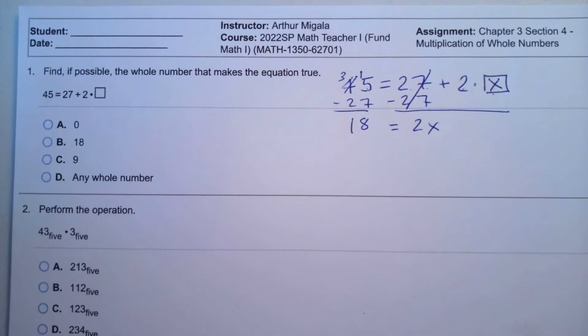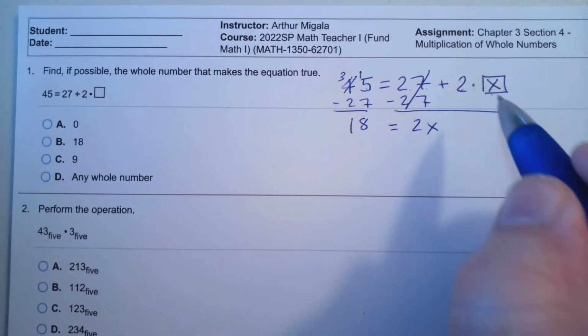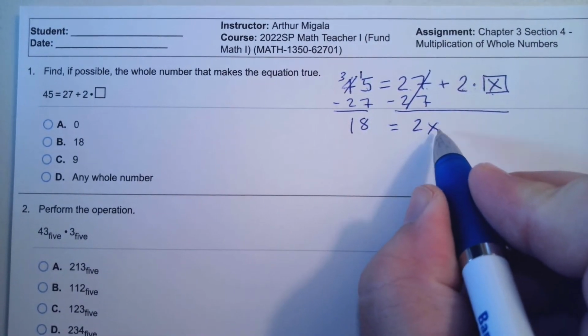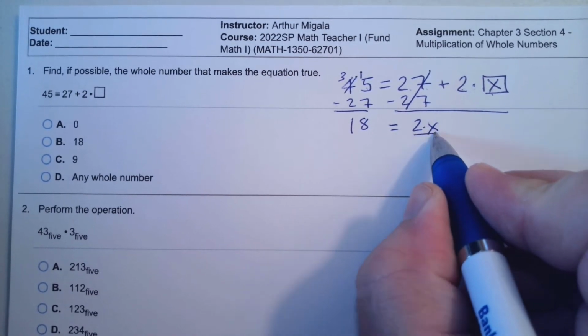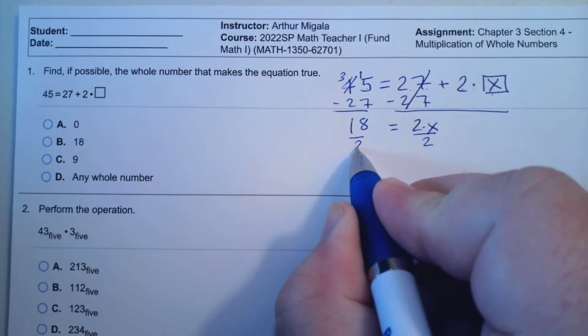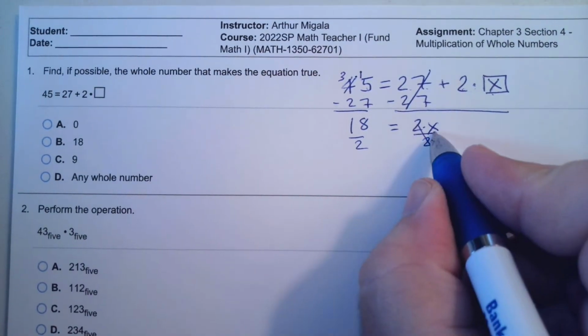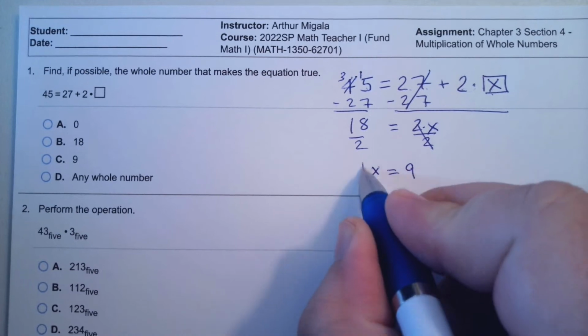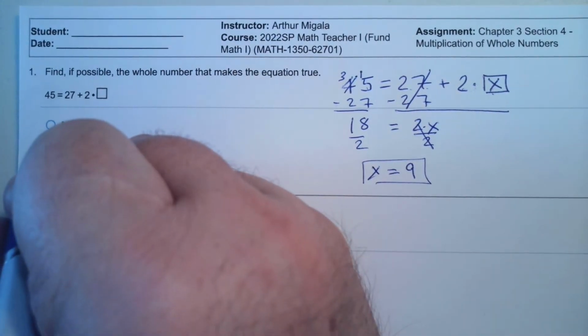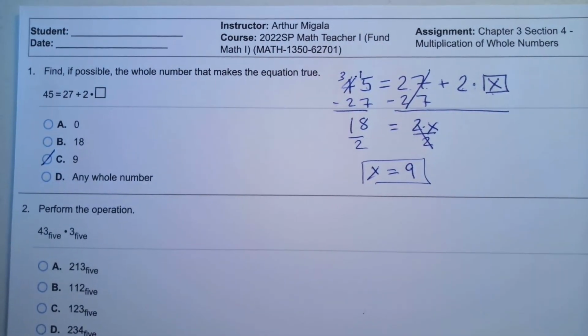Equals 2x. It's 2 times x. So to get x by itself, we have to get rid of the 2. Since that's multiplication, the opposite is division. We have to divide both sides by 2. So x, 18 divided by 2 is 9.